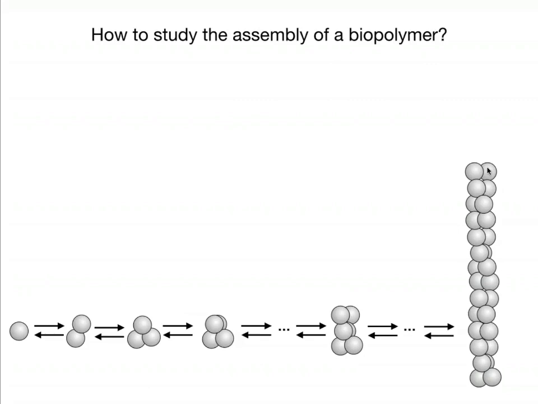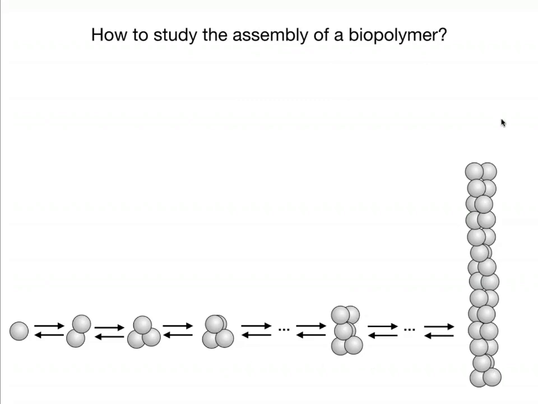And it does so via a nucleated growth mechanism, which means that a couple of these monomers have to come together to form a stable intermediate, which is called the nucleus. And from that nucleus onwards, the actin filaments can elongate very freely.